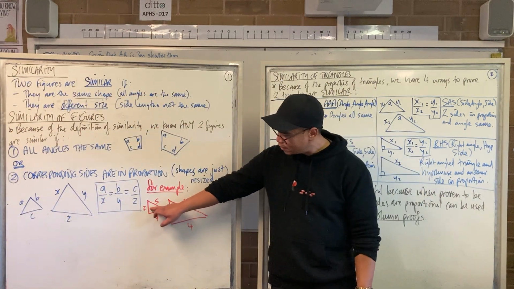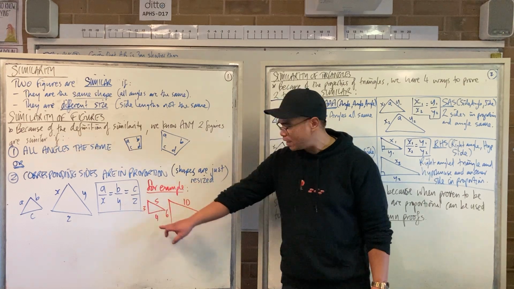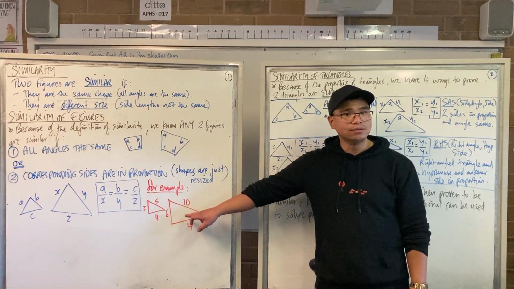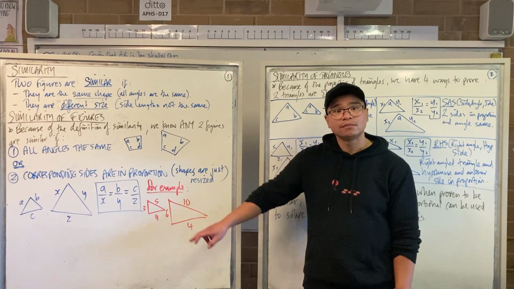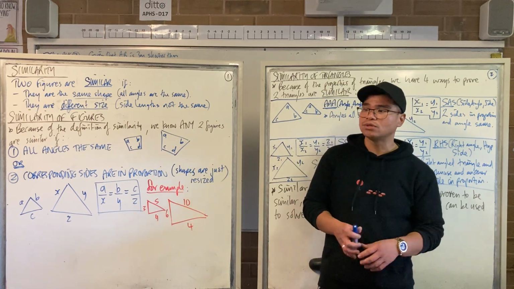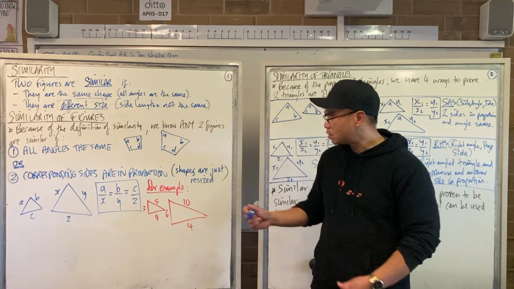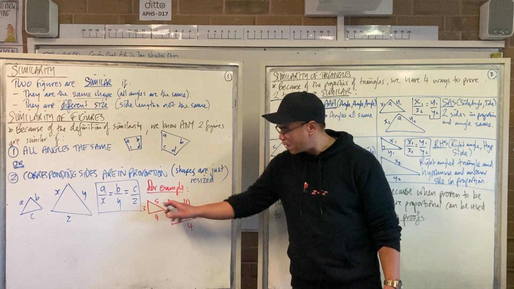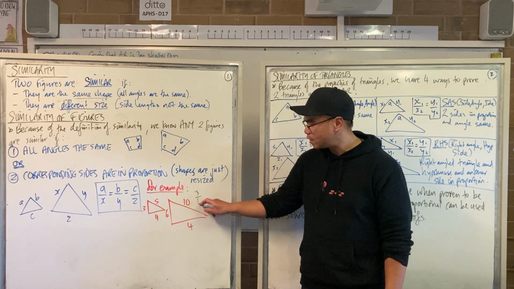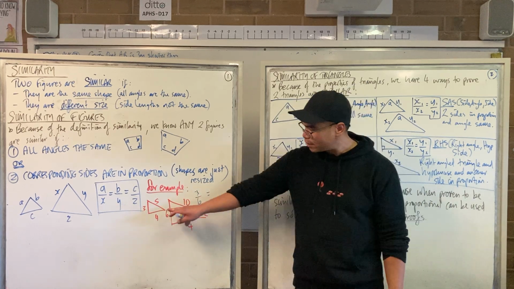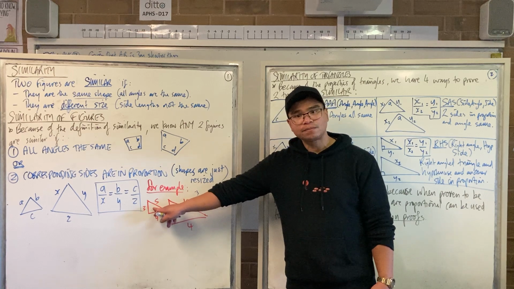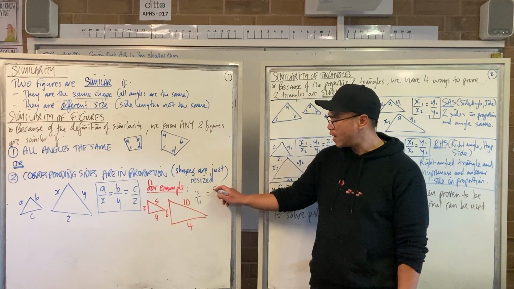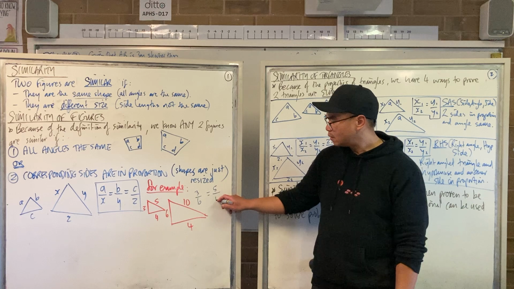What side corresponds to the 3 length in the bigger triangle? What'd you say? Someone said it real soft. 6. So, do you agree that if I compared 3 over 6, what is the matching side to 5? 10. So 5 over 10.